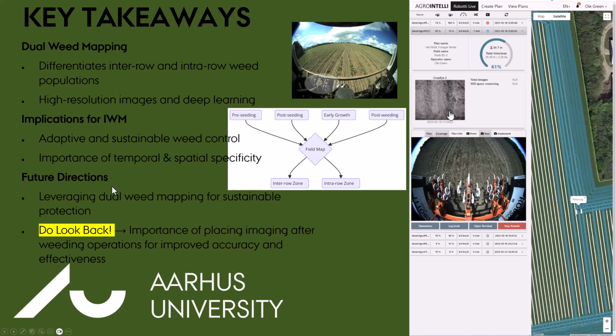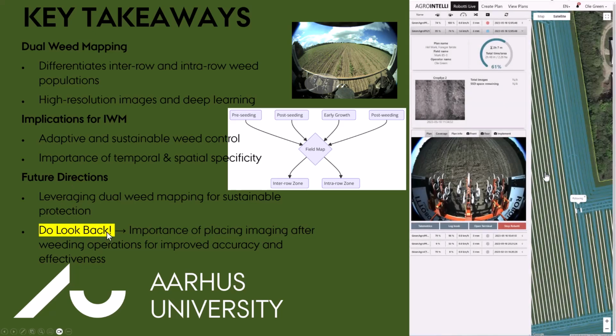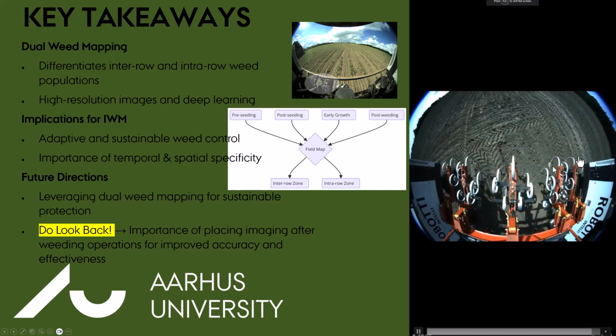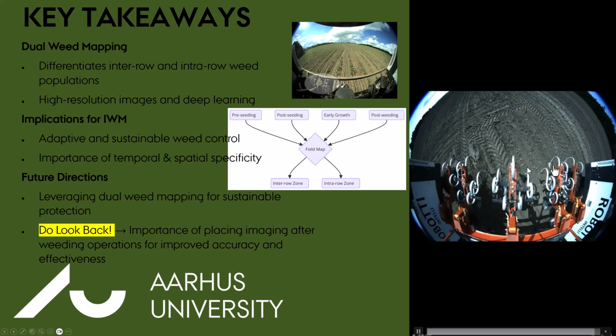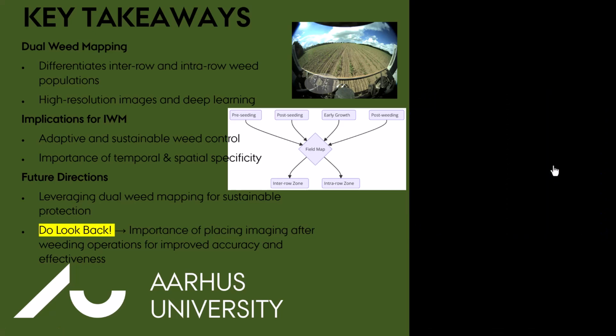But in the future, when we use the knowledge we build up here, I think the most important is do look back. It's so important that you place your camera system behind the implement, whether you are a tractor or a robot. For a robot, it's also safety because you don't have an operator to survey it. So remember to look back.